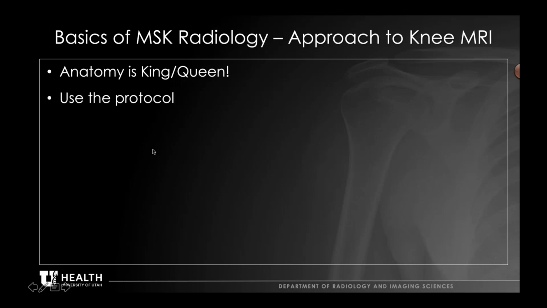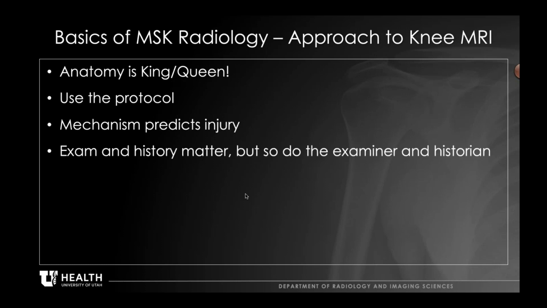So the next kind of key is to use the protocol. We'll talk a little bit about MRI protocol. I know that's something that gets discussed more in your textbook that you're using for this rotation. And then knowing the mechanism is actually really helpful. This is especially true for sports. So a lot of knee MRI is sports injury related, and so we'll look at that specifically.